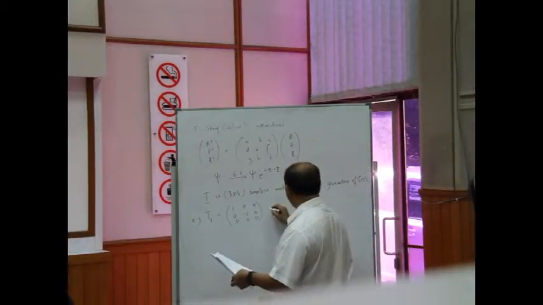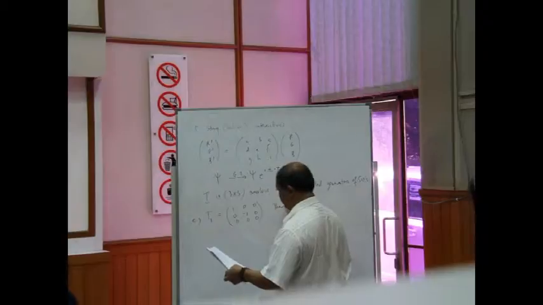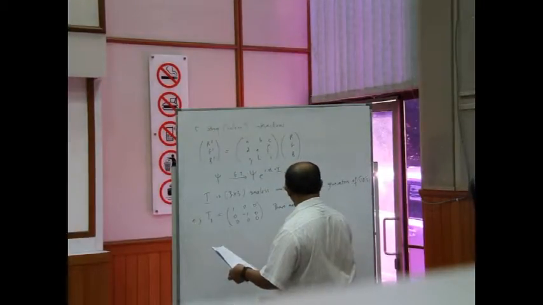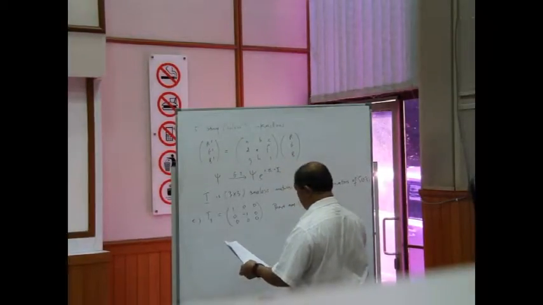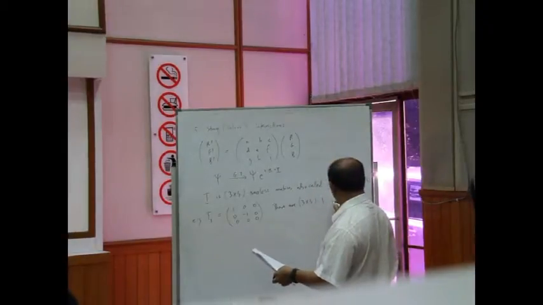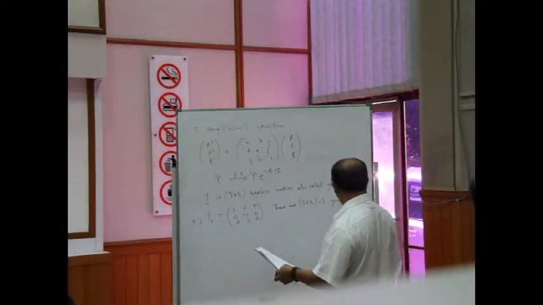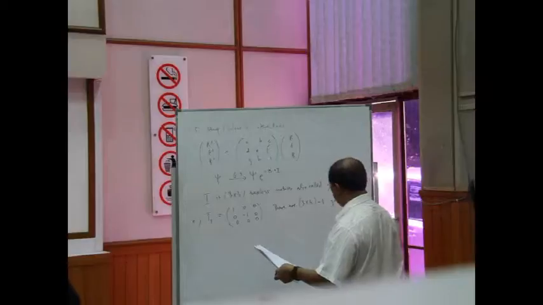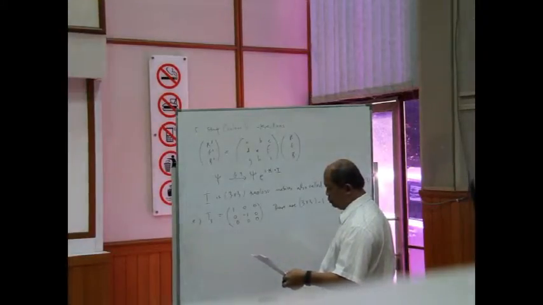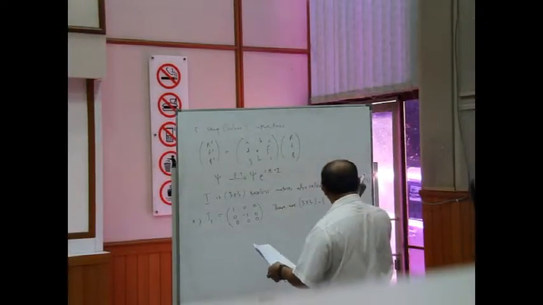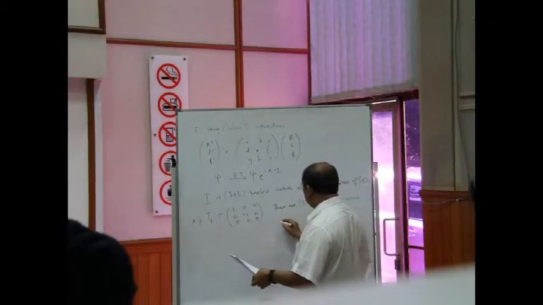So that will be 3 by 3, which is 9, minus 1 gauge boson. And this gauge boson actually is the gluon.